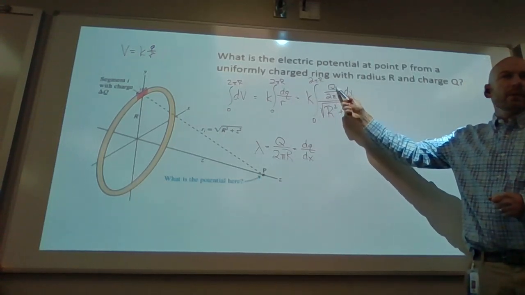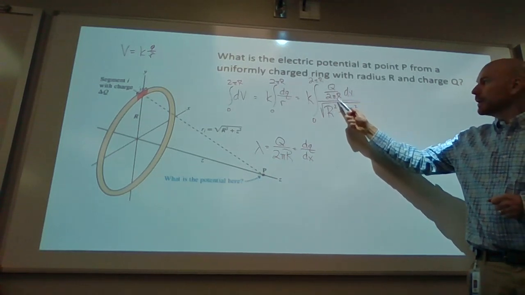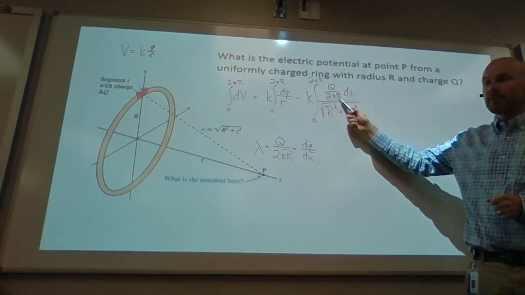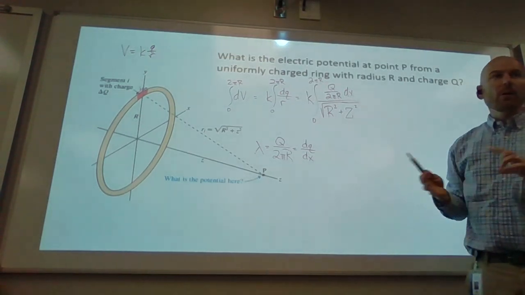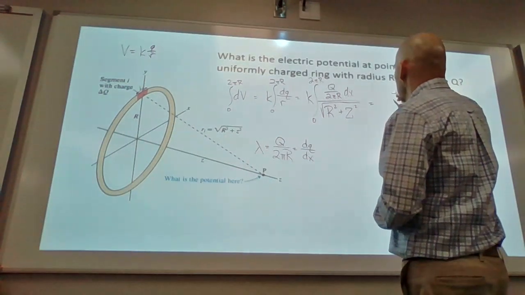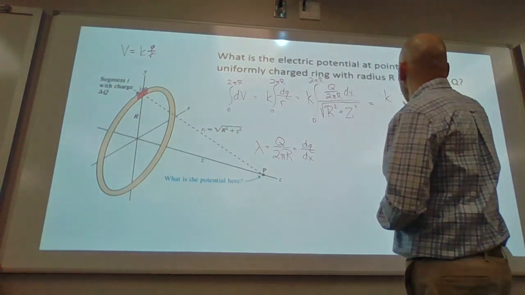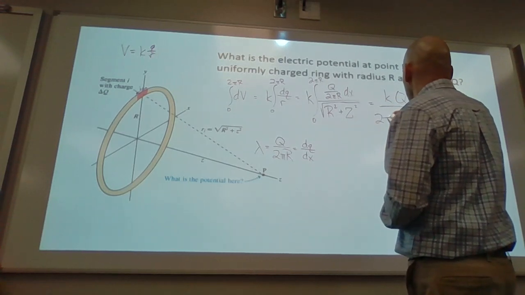Is this a changing or a fixed value? Fixed. Is this a changing or fixed value? So all of that goes out of the integral, and dx from 0 to 2 pi r, so we just multiply everything by 2 pi r.